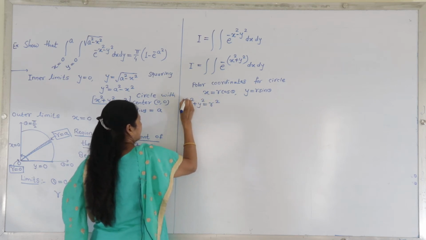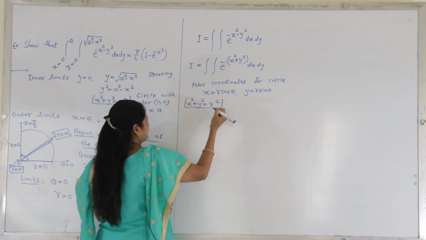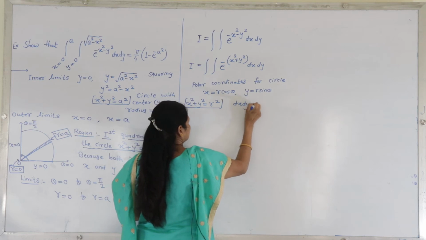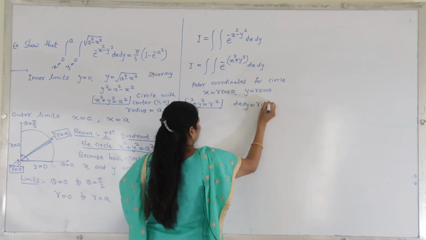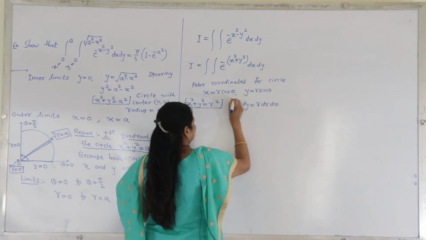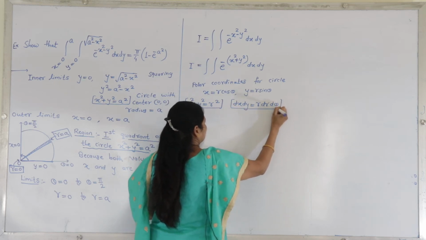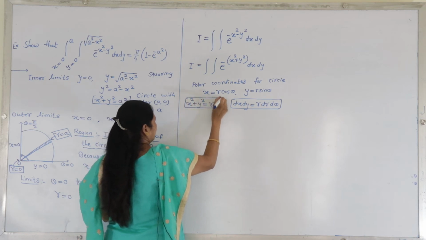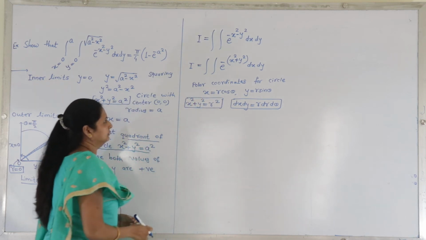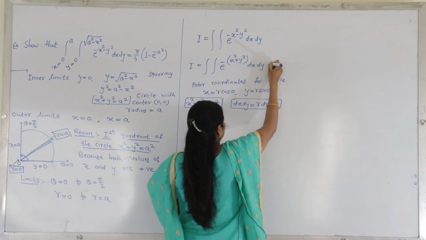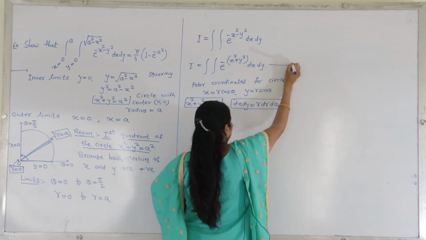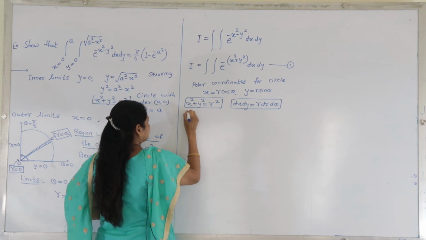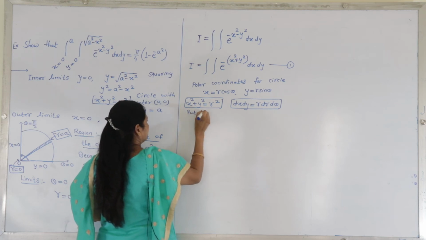Then in the place of x square plus y square we can put r square. dx dy is r dr d theta. For substitution we have to take these two values. Put this substitution in 1.